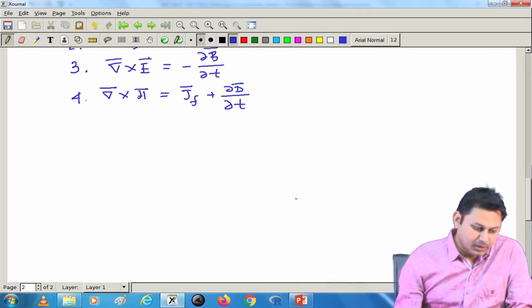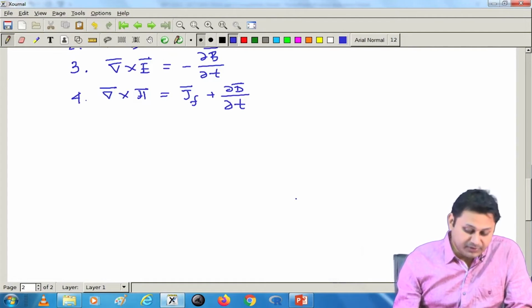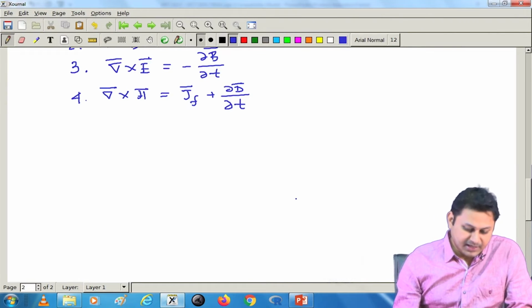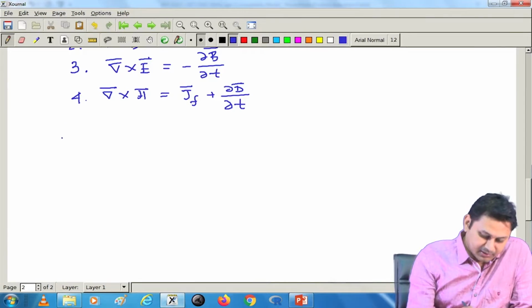Now, we are going to make use of these four equations to find the wave equation, how an optical wave propagates inside a dielectric system. In order to do that, first we consider that rho f and J f are 0.